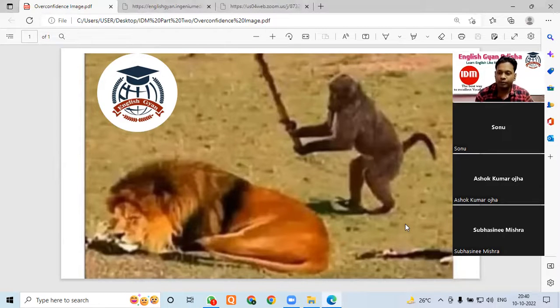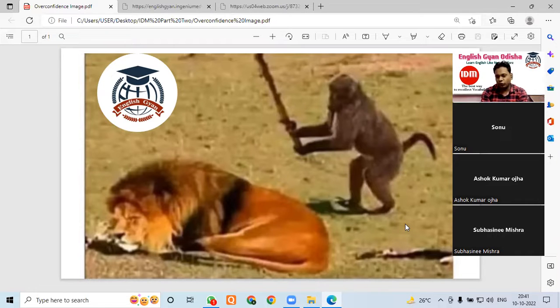Okay, fine. Jyotirmay ma'am, what can you see? Here, a monkey is trying to beat the lion. Okay. And Lina ma'am? Sir, the monkey is going to beat the lion.